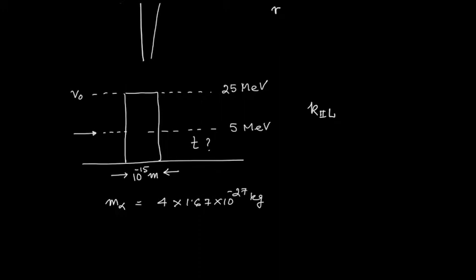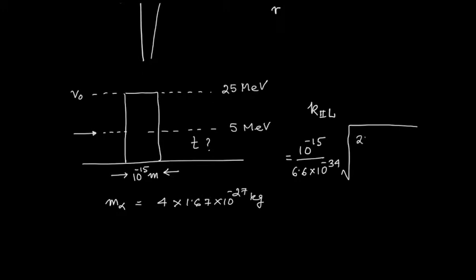So K2 is L by H cross. L is now 10 to the minus 15. H cross is of course H cross. And then I have many different things.